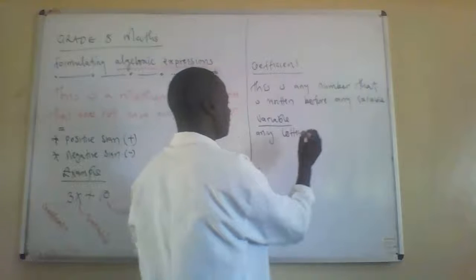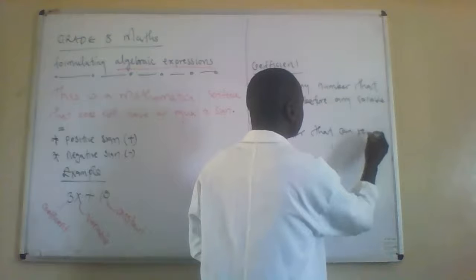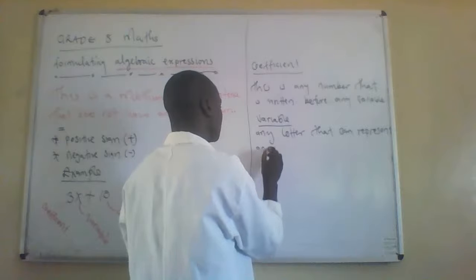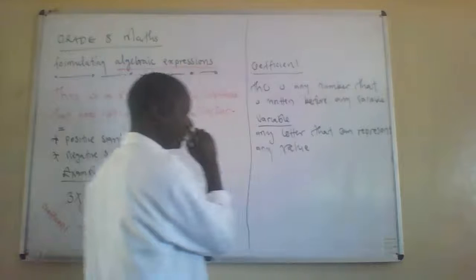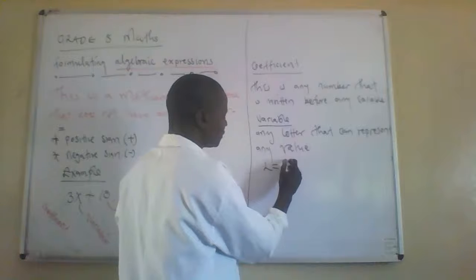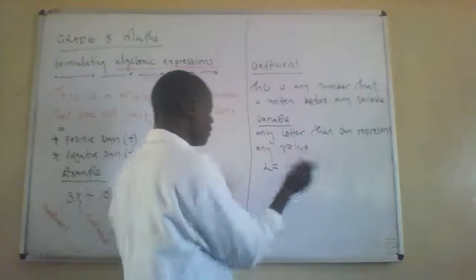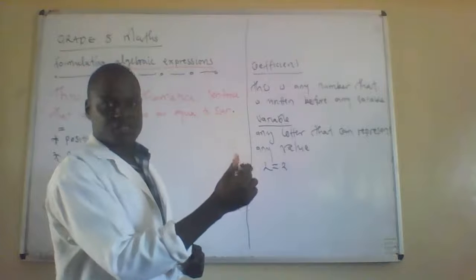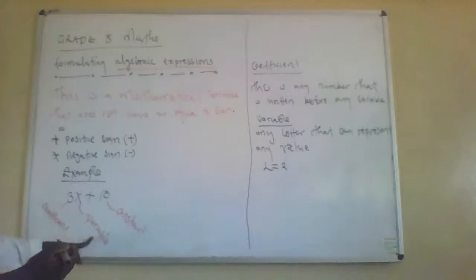So a variable is any letter that can represent any value. Now, what do I mean? You can have a variable such as L, which can represent 2. We can have a variable such as L, which can represent the number 2. So 2 is a value that the variable is representing. We've looked at what a coefficient is, and we also looked at what a variable is.